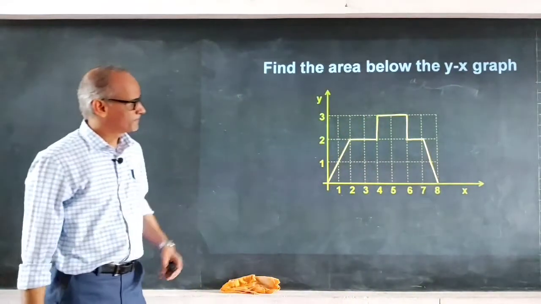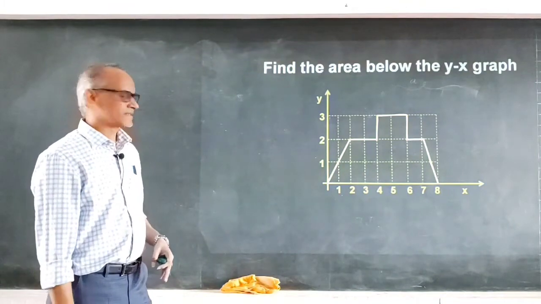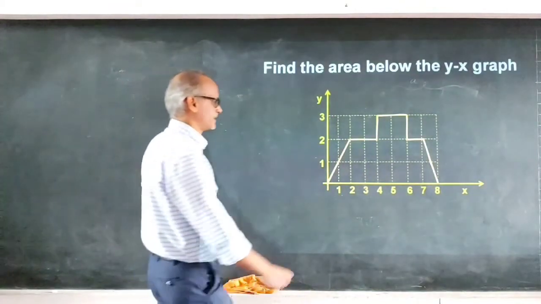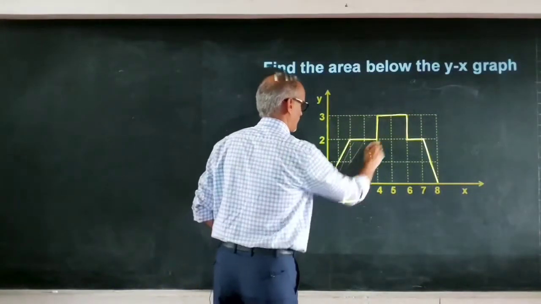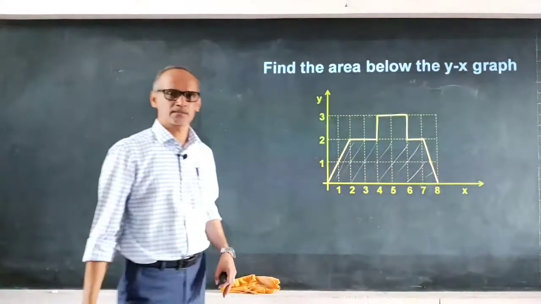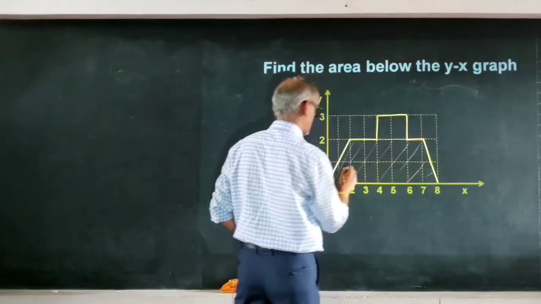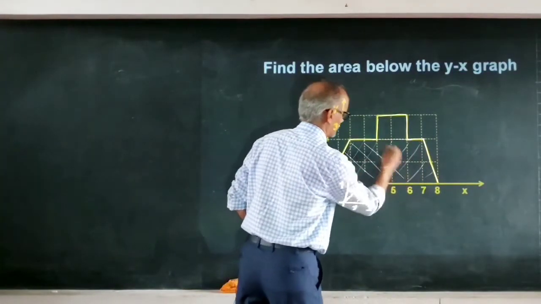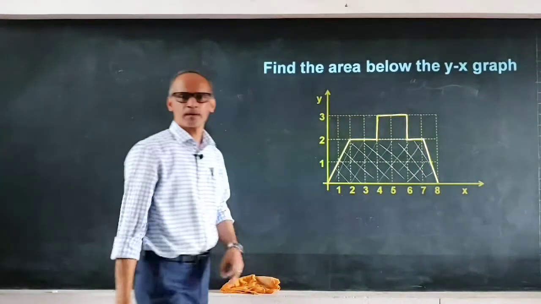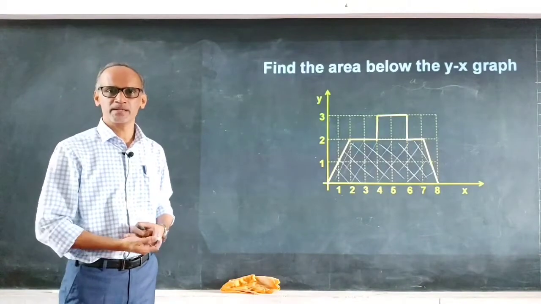We have to find the area below it. Now when I say area below it, I have to find this area. So I will split this into two parts. First, I will find the area of only this structure. What is that structure that I have marked, shaded? That's nothing but a trapezium.